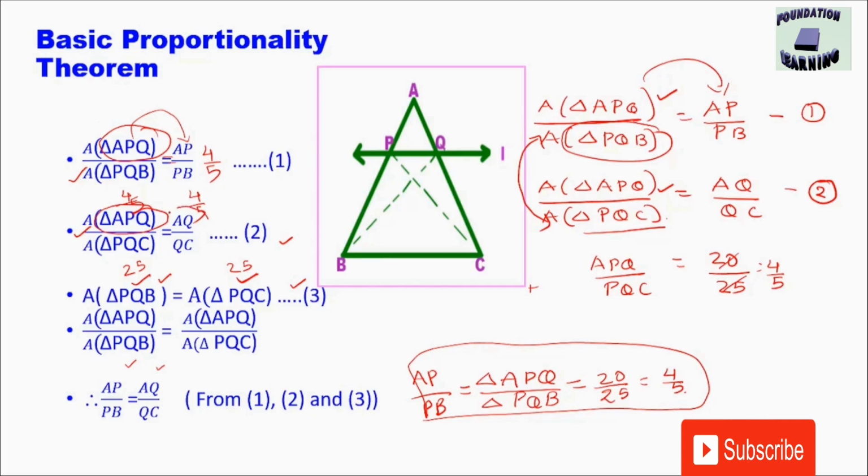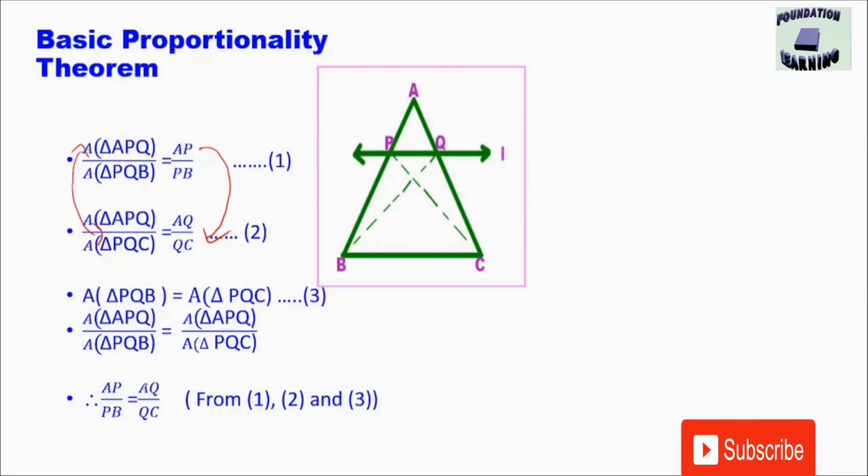Now APQ upon PQC is equal to AQ upon QC, right? So that is also 4 upon 5. Now AQ upon QC and AP upon PB, all of them are 4 upon 5. That means AP upon PB is equal to AQ upon QC. Everything is 4 upon 5.